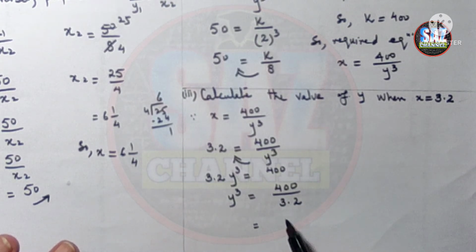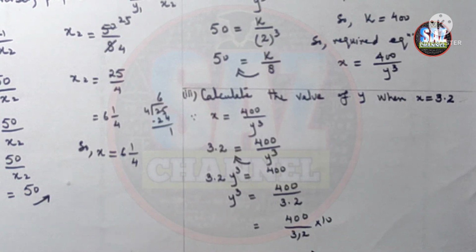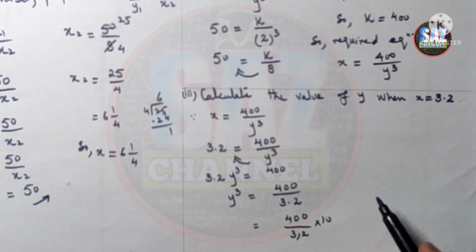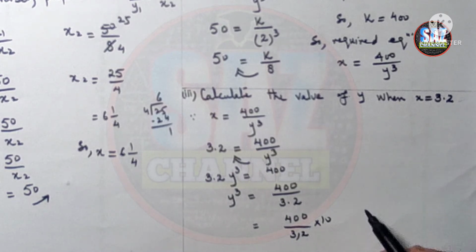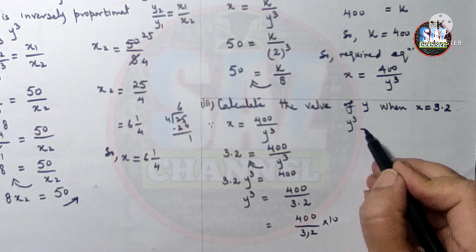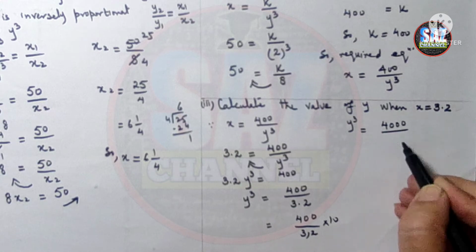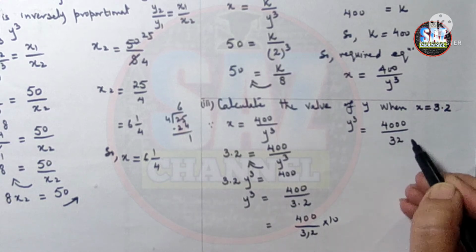Now what I will be doing, I will try not to use a calculator. Remove the decimal, multiply by 10. So y cube equals 4,000 divided by 32.